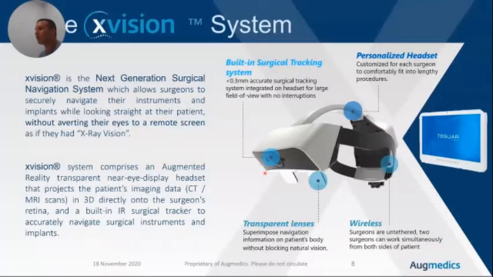We have a tracking camera that sees all the tools needed for the surgeon. Our competitors have cameras around the patient, and we have it on the surgeon's head. We are very accurate, which is also very important in such surgeries.